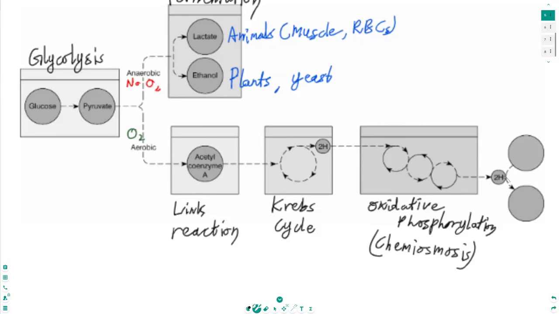And this is why oxygen is needed. Oxygen is the final electron acceptor, where oxygen will accept the two hydrogens to form H2O, and CO2 is produced as well, and also ATP is produced.